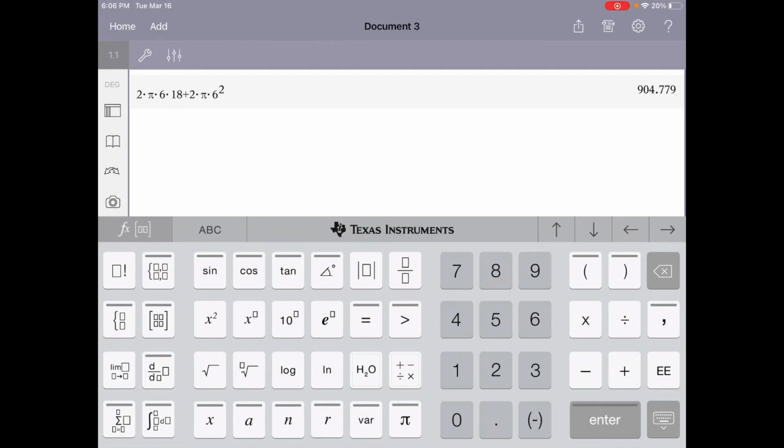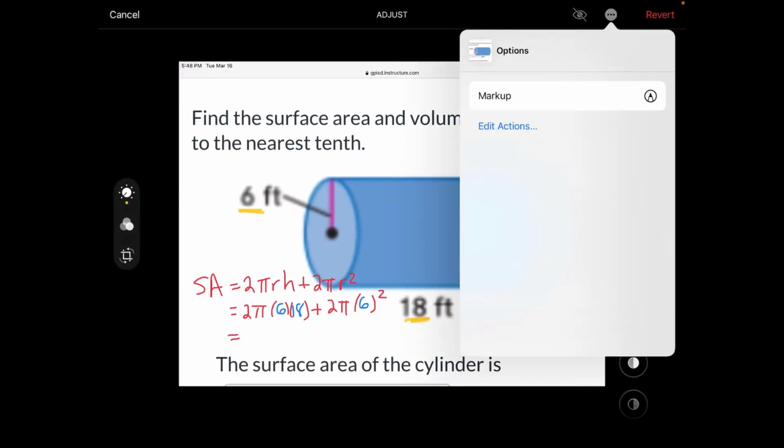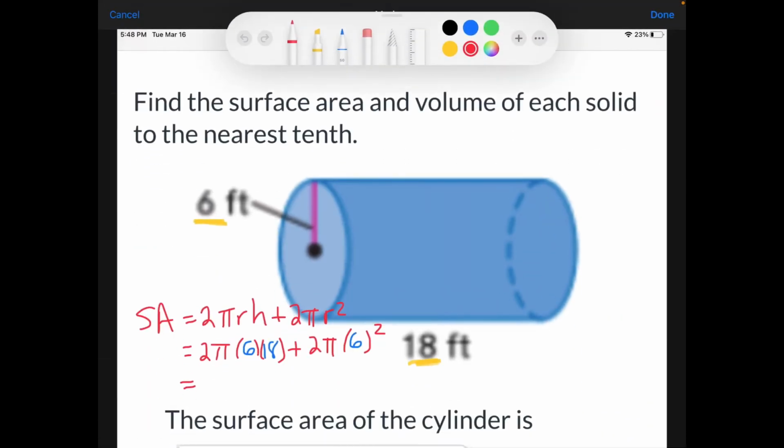And since this number 7 is above 5, we have to round it up. So we're going to go 904.8 would be our final answer. So our final answer for the surface area will be 904.8 because we had to round up. All right, so that's our surface area answer.